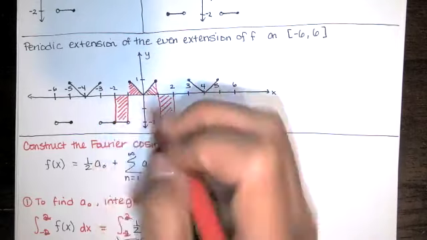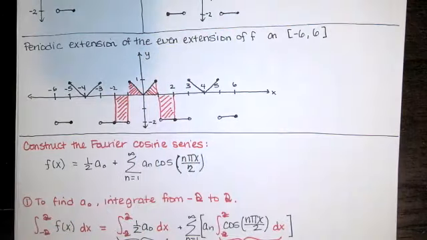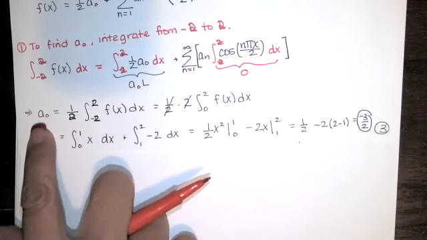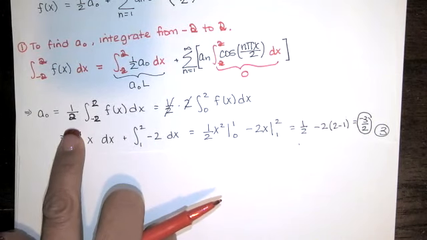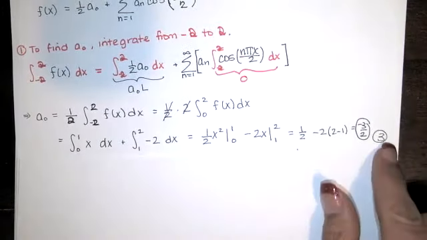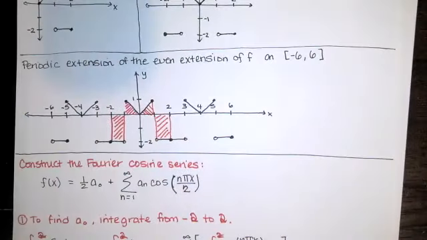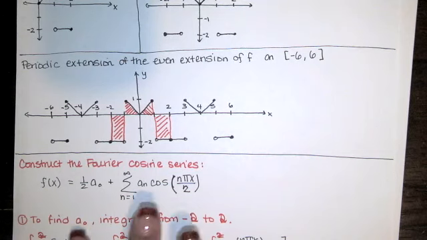So we get negative 3 for the integral from negative 2 to 2 of f of x. But then the formula says take 1 over L times that. That's your a naught. L in this case is 2. So we get negative 3 times the 1/2, which is negative 3 over 2. Or you just get the area for one side there, same thing. All right, so that's our a naught.